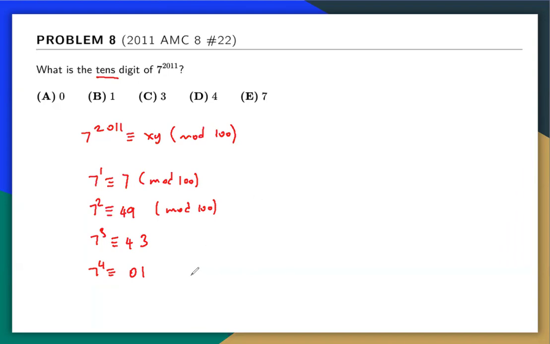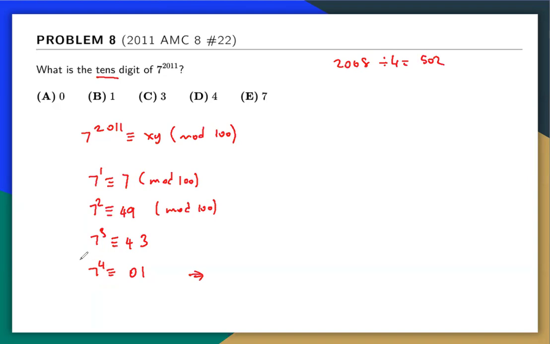So now we can take any power of this, our choice. So we can get close to 2011. We just want to make a multiple of 4, so 2008 is the closest number. If we divide 2008 by 4, you will get 502, right?